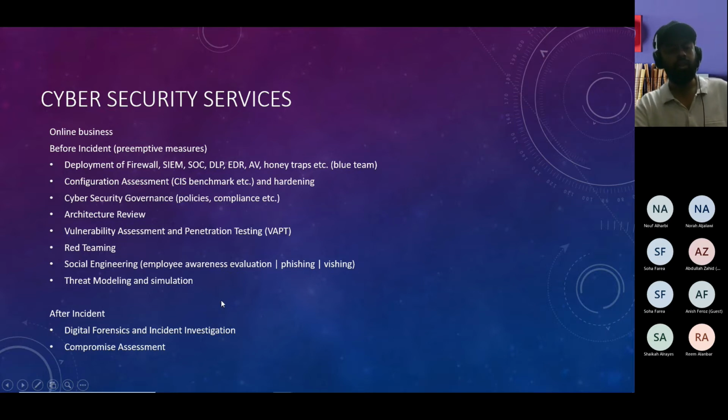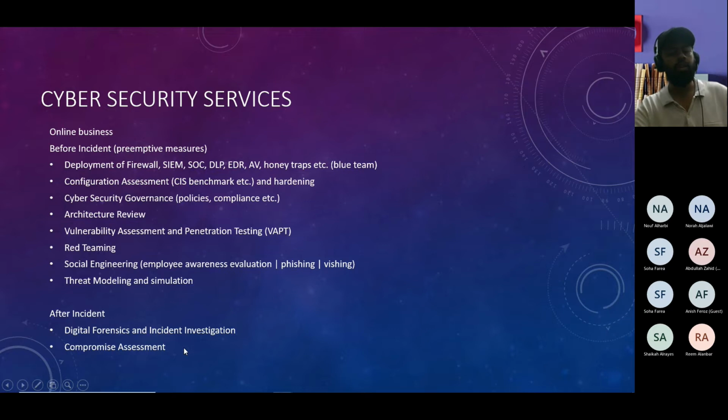If you have a cyber incident, maybe your data has been lost, maybe your data has been corrupted, so you can go with the digital forensic and incident investigation service, and it's a similar service to compromise assessment service.